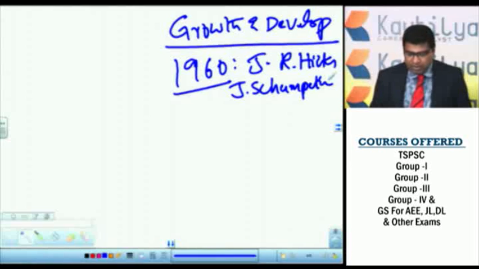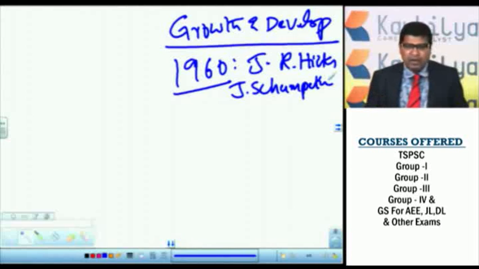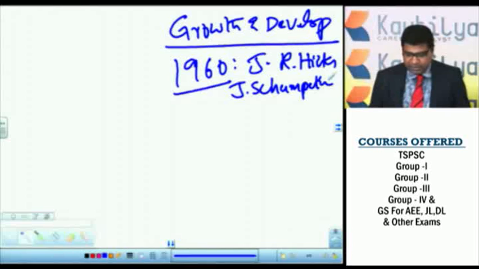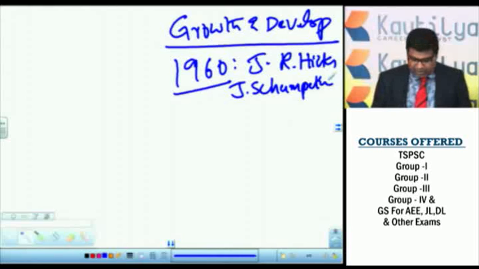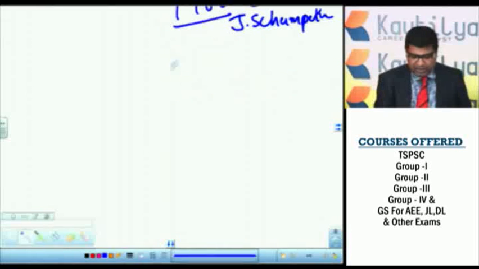So now you have been studying these concepts separately, but it was systematically demarcated by J.R. Hicks and Joseph Schumpeter. Let us see what exactly economic growth is.